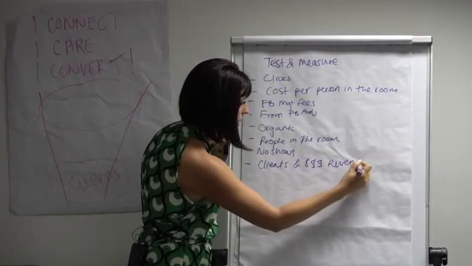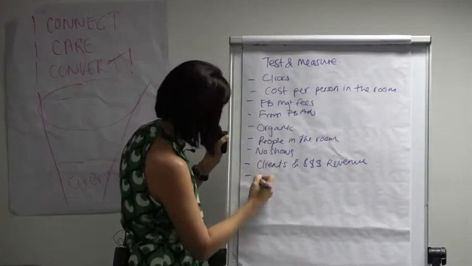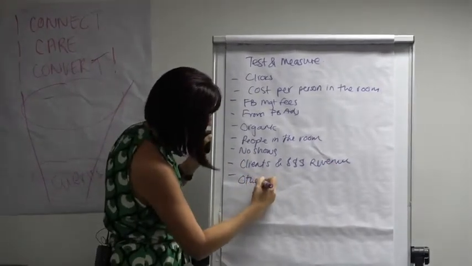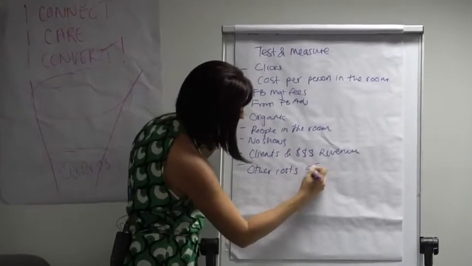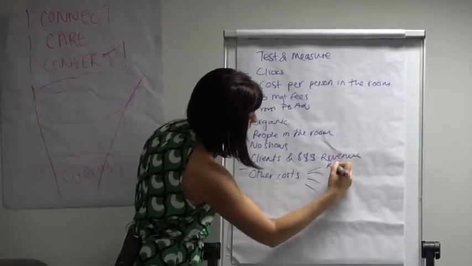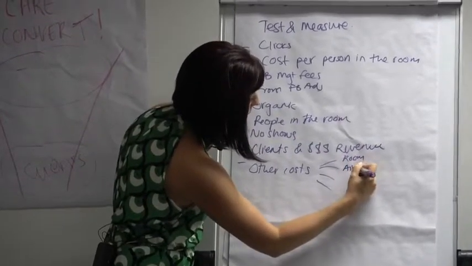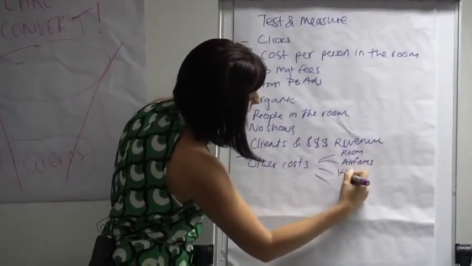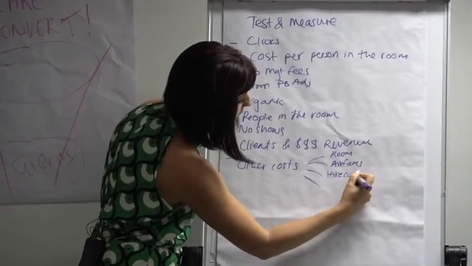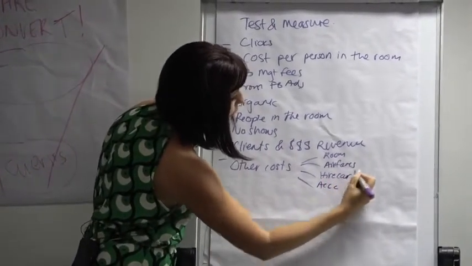What about room costs? Good one. So let's go other costs, and we're going to put under this a few different ones. So room hire. What else? Airfares. Yes. Travel, food, car, accommodation.